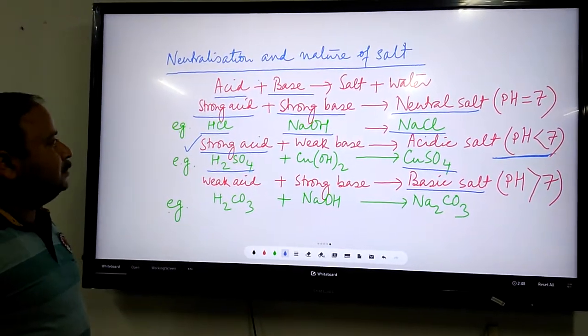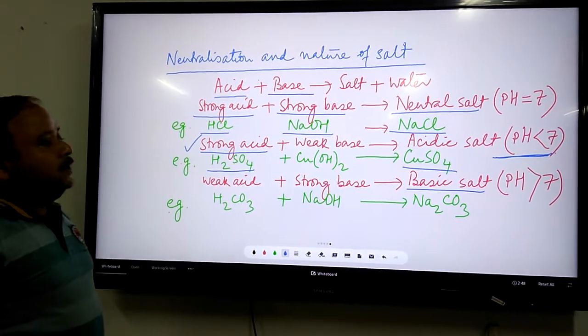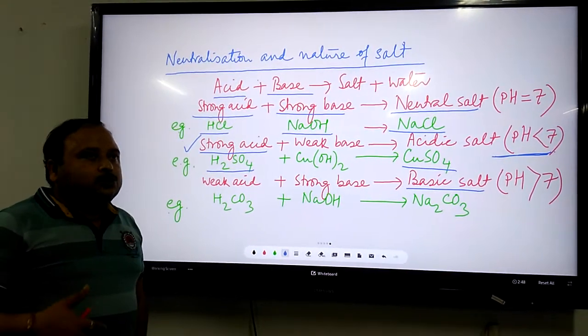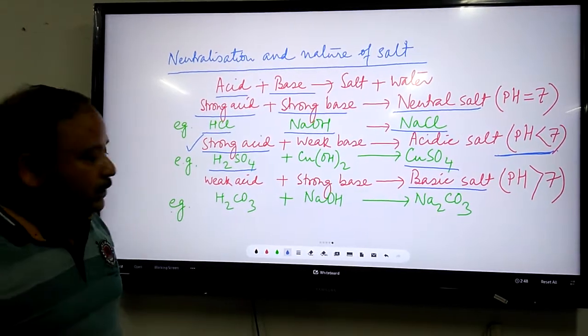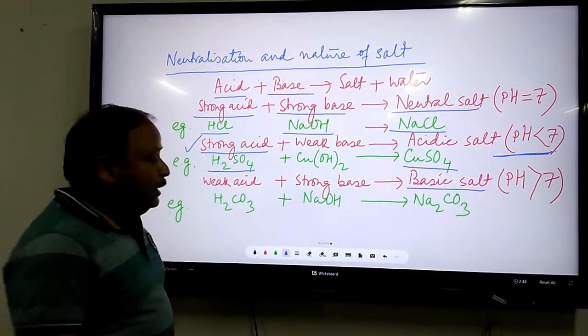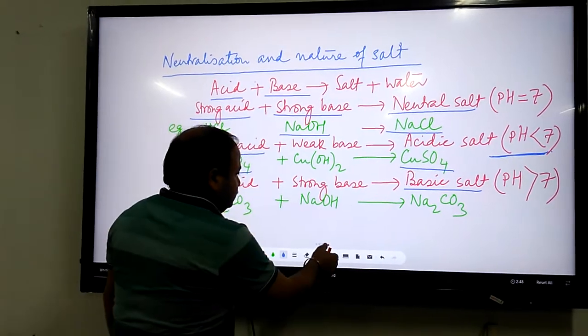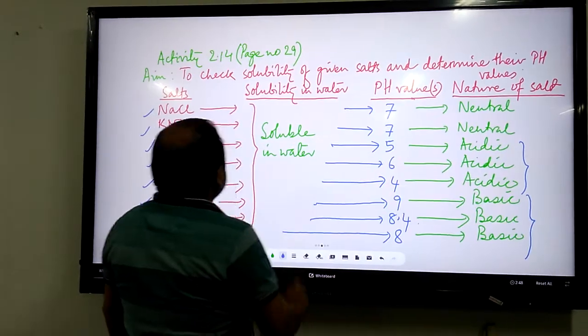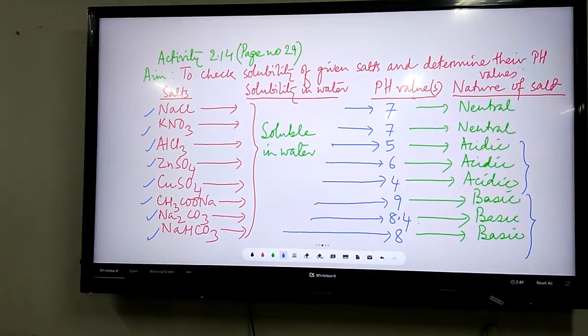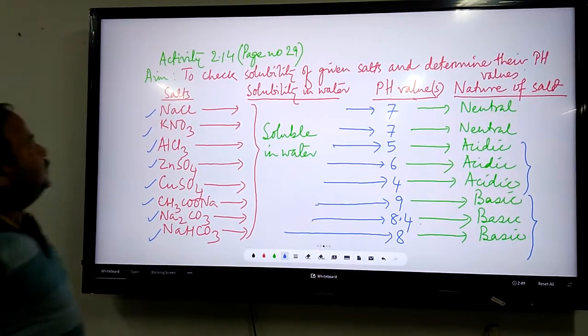So we have another activity which is related to the solubility of the salts in water, and then to find their pH value and also to determine their chemical nature. This is activity 2.14 given in your book at page number 29.